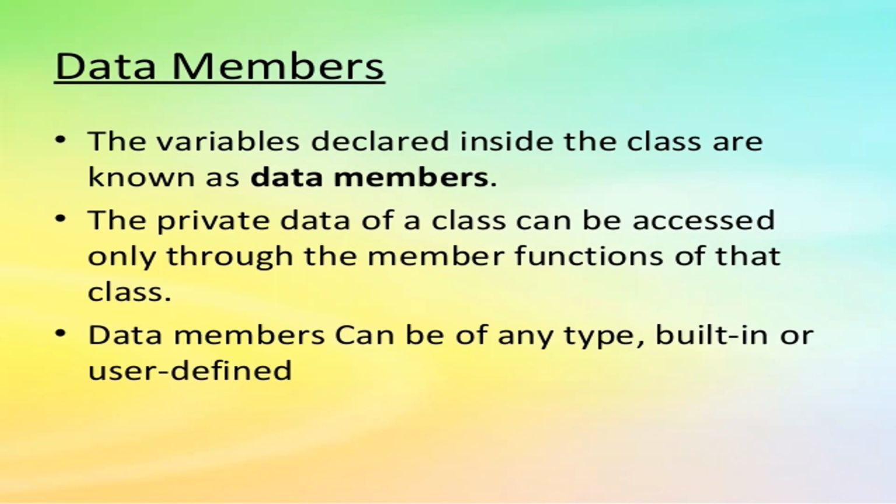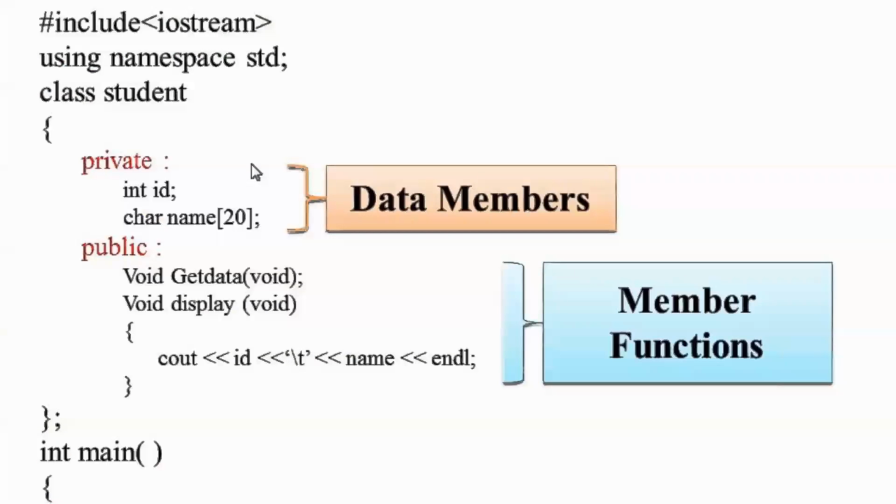Okay, if you go back, these are the private data members, id and name. और इनको, id और name को, मैं बहुत easily अपने display function में ले रही हूँ, यूज कर रही हूँ. Why?